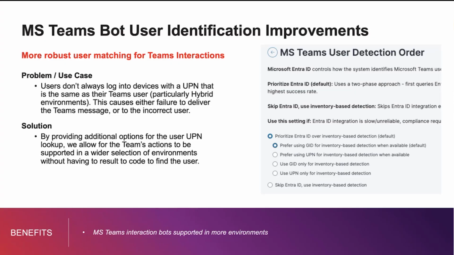Now, the mechanism that we use to derive the end user, we have an algorithm historically which we can either use the UPN of the user and look up with an API to identify the actual user that you need to send the Teams message to.